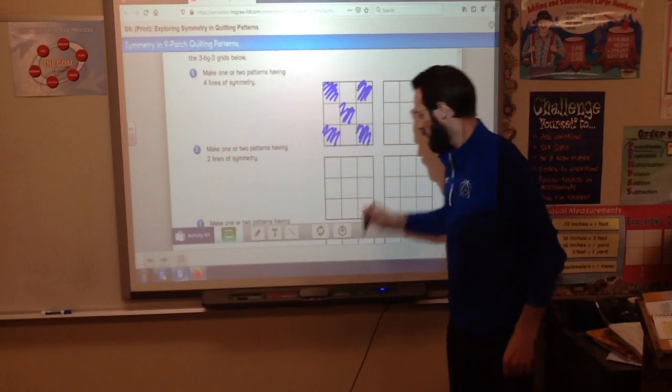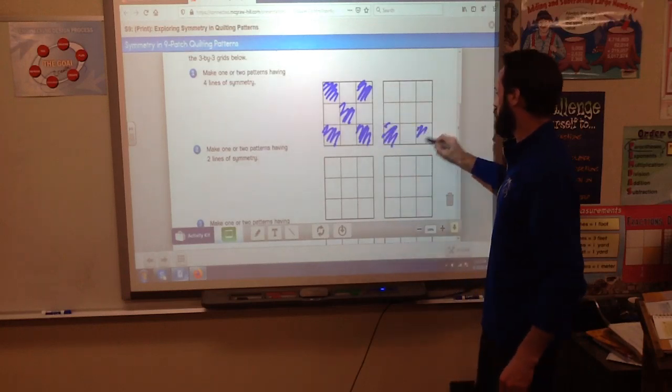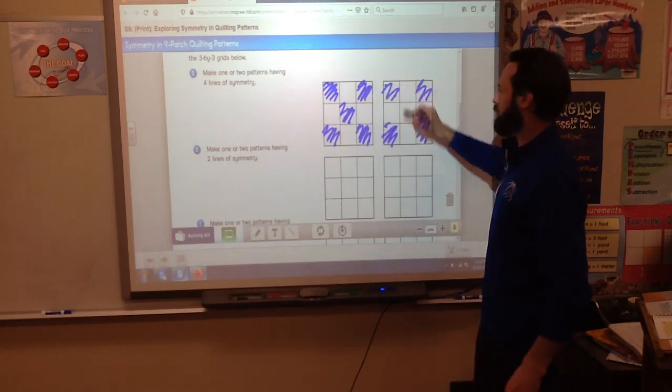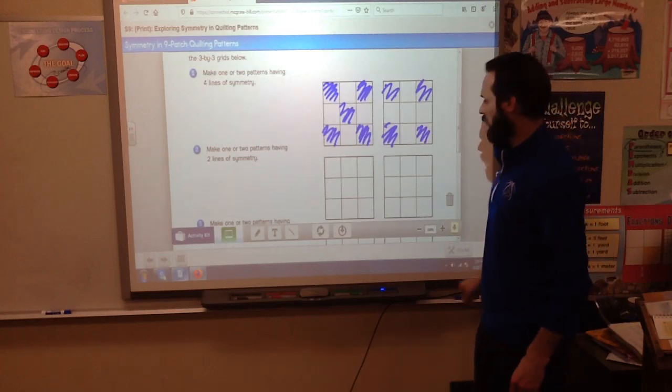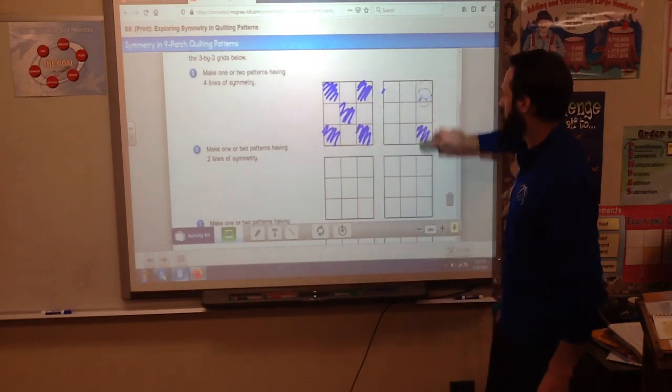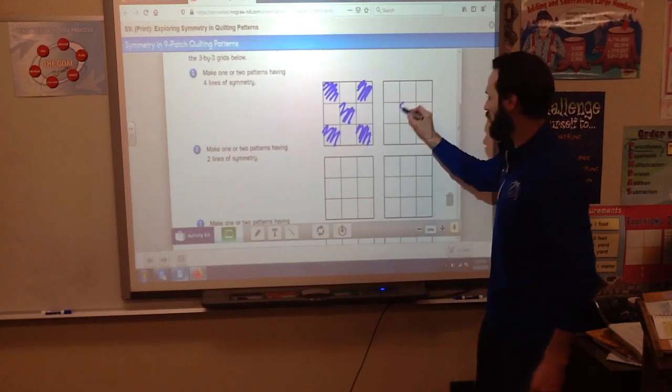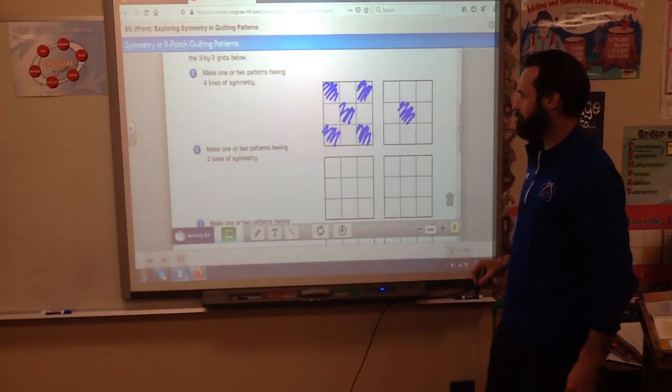Basically, you have to have this one, I believe, would work though. Four corners, that would work. Just the middle would work, like that.